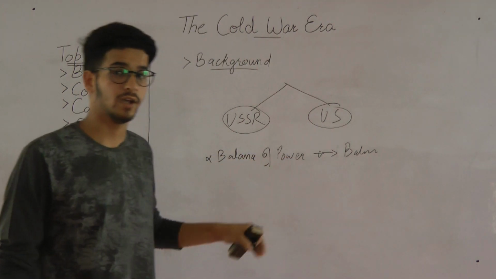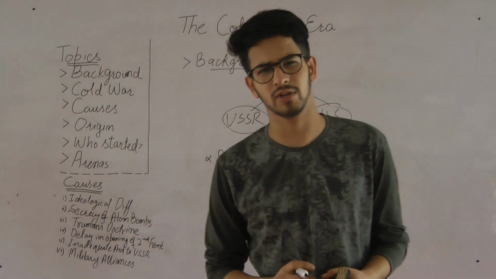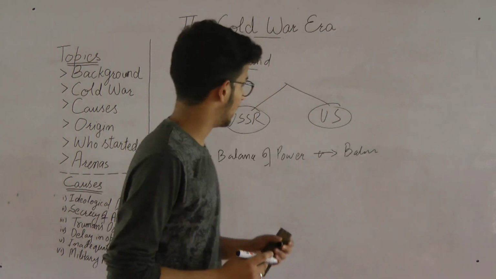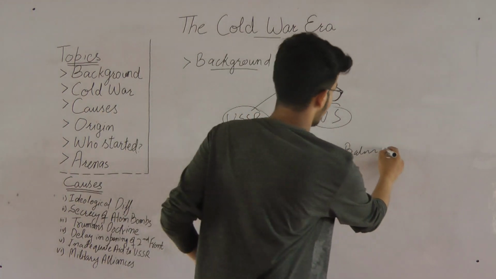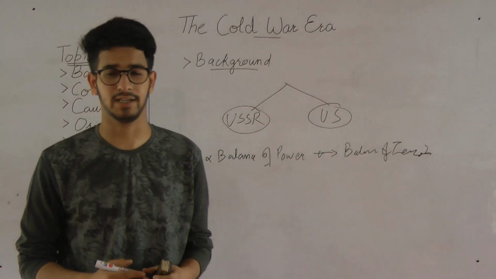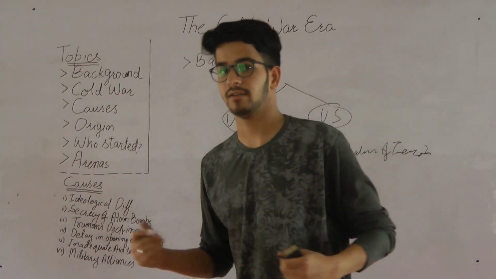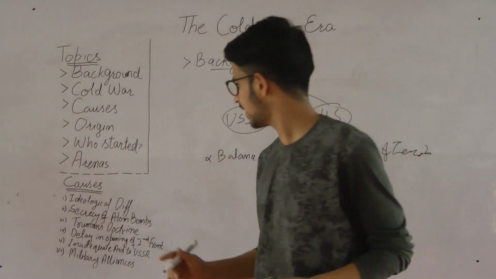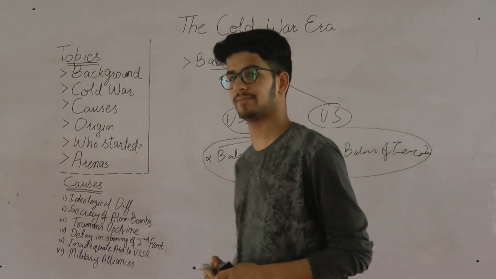But when the USA used nuclear weapons on the Japanese cities of Hiroshima and Nagasaki, the USSR also manufactured nuclear weapons in 1949. They were both apprehensive that one would use nuclear weapons on the other, and this intensified the Cold War rivalries.